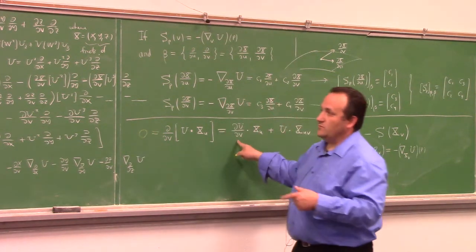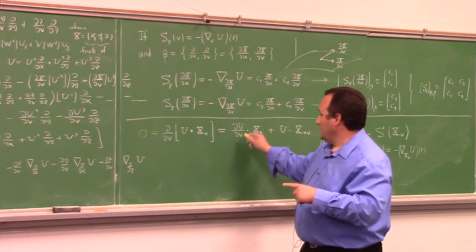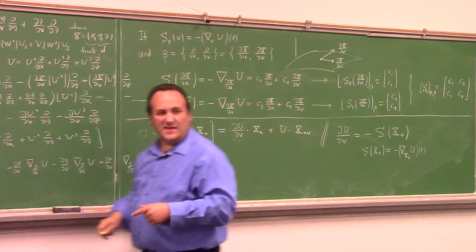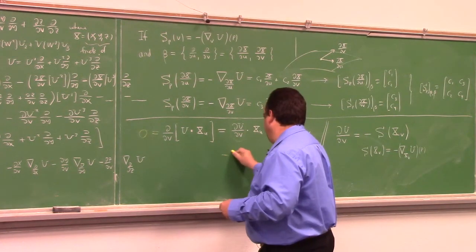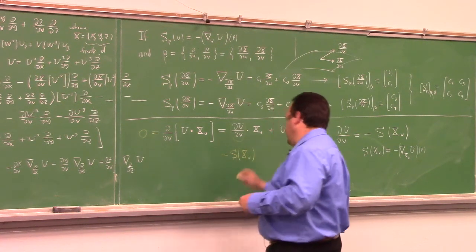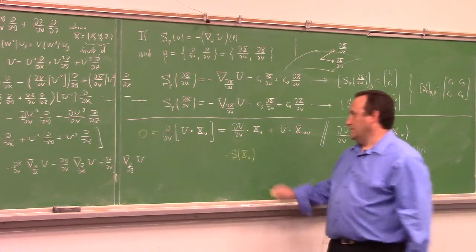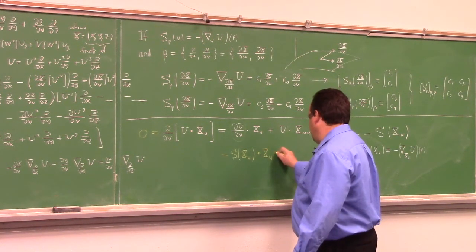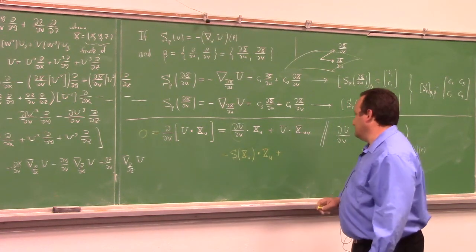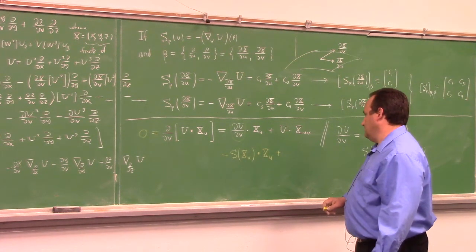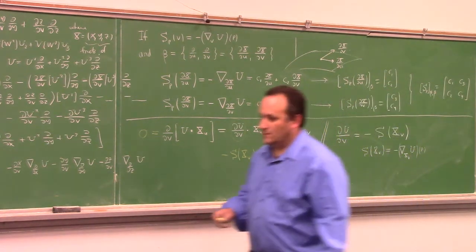But on the other hand, partial u partial v, you see now? See what partial u partial v is? It is minus the shape operator acting on xv. So we have minus the shape operator acting on xv dotted with xu plus, oh, I better get my notes.